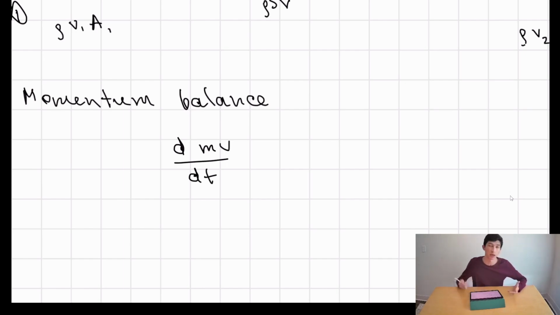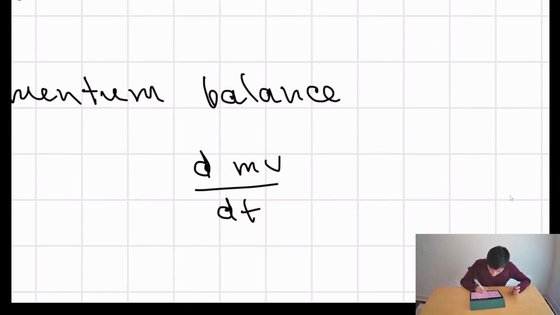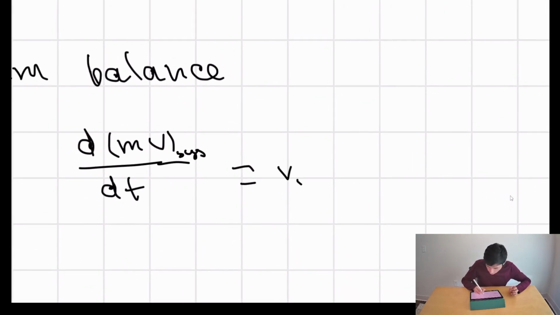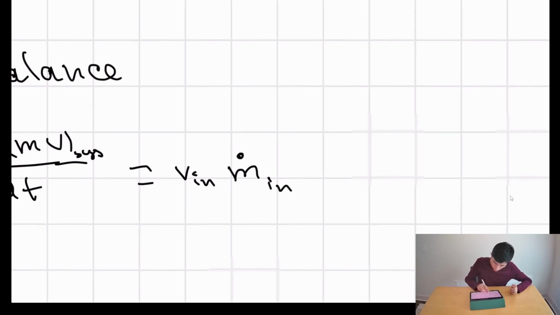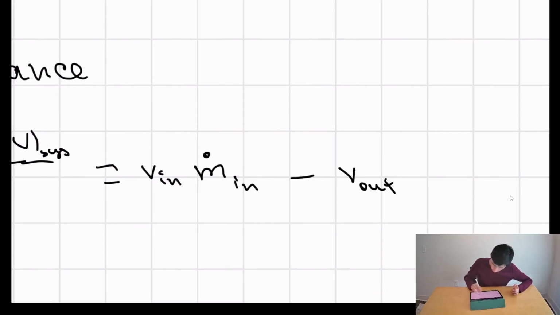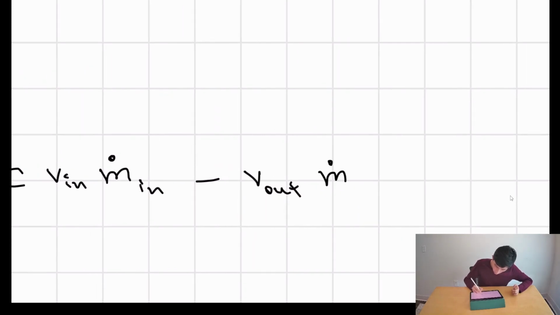So we're considering the rate of change of momentum at a specific time of a system, which is going to be equal to velocity going in times the mass flow rate going in, minus the velocity going out times the mass flow rate going out, and plus the force.